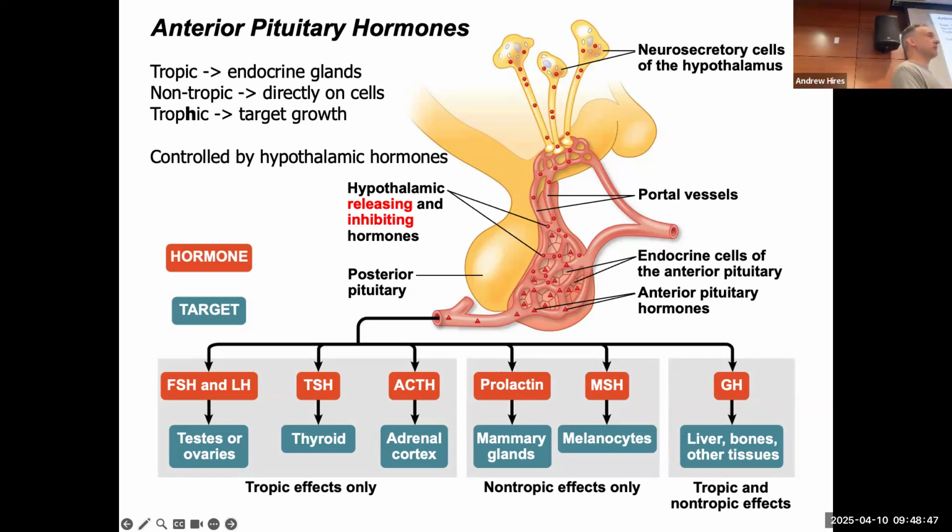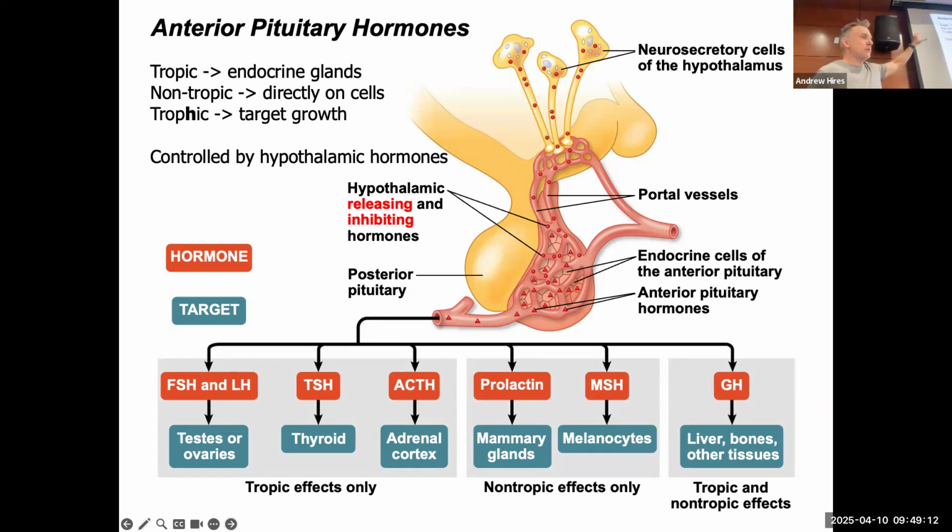Gluconeogenesis, remember, is the production of glucose from fat or proteins. It's going to suppress the immune system. It's going to metabolize fat. It's going to decrease the ossification of the bones, the collection of calcium onto the bone, and the growth of the bone. So this is a hormone that responds to stress.